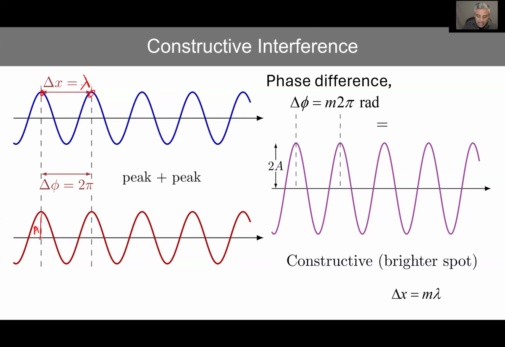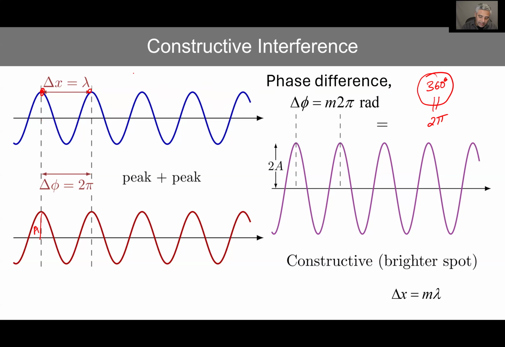Since it went through one complete cycle, and one cycle is equivalent to 360 degrees, and in terms of radians that is 2 pi radians, in terms of path difference this is equal to one wavelength.